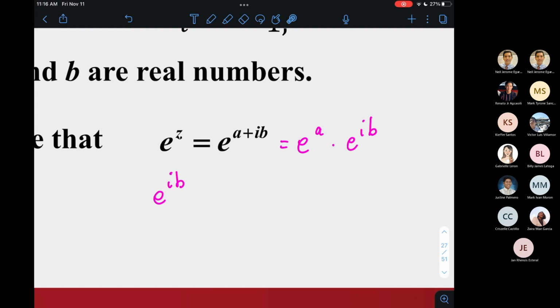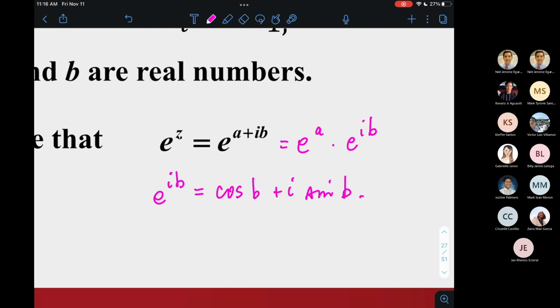Yung e to the ib natin, merong formula sa complex arithmetic dito. Ang e to the ib ay cosine ng b plus i sine b. Ito yung trigonometric form ng complex number e to the ib.